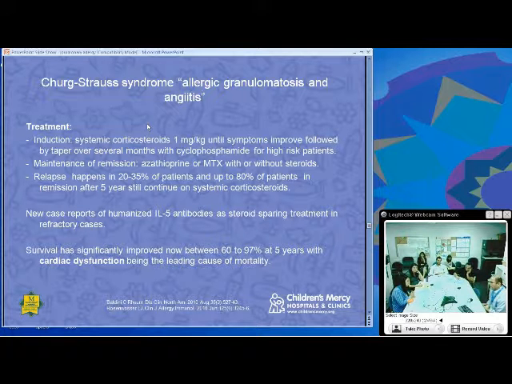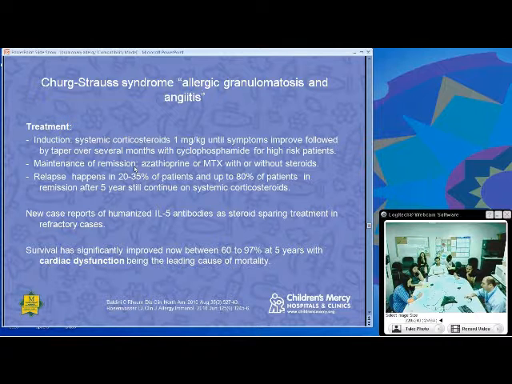Then you do your maintenance of remission. In the induction, if the patient has neurological problems or cardiac involvement or is at high risk, then you also start the patient on cyclophosphamide. For maintenance of remission, mainly people have been using azathioprine, but methotrexate also has been used to try to decrease the dose of the steroid.